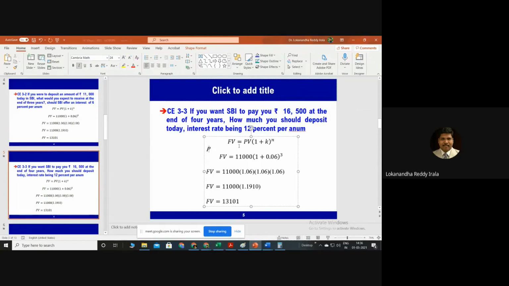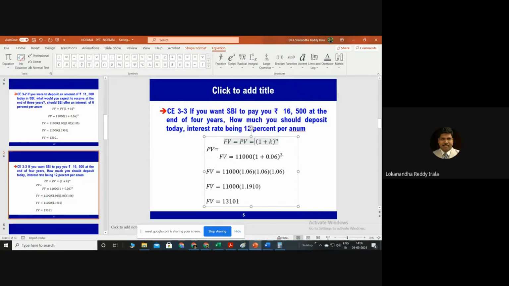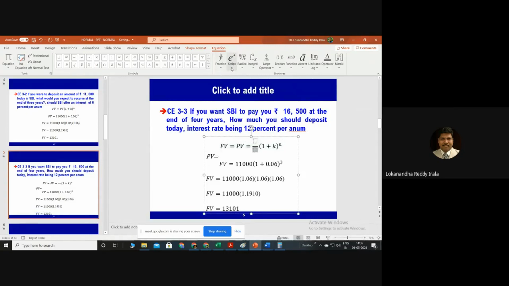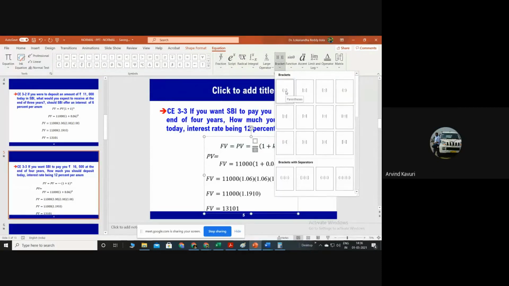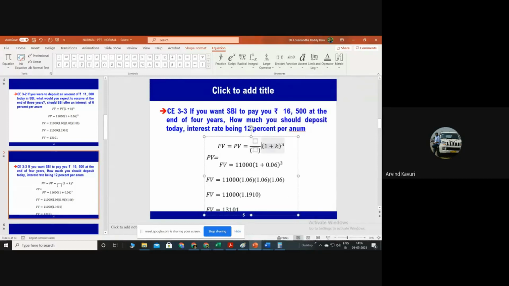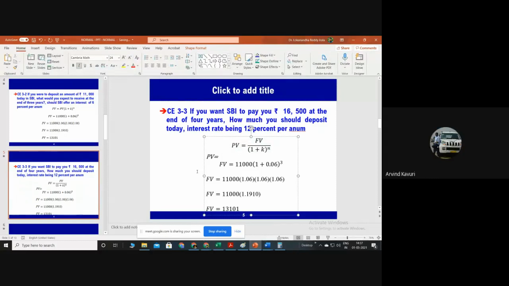The present value is equal to future value divided by 1 plus k whole to the power of n.